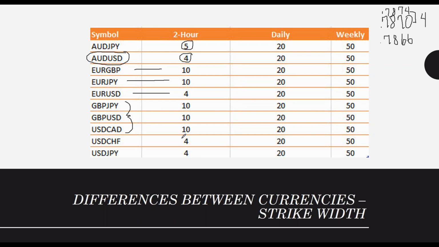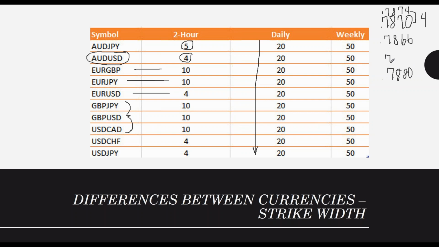Now let's say that we're looking at the daily. You can see all of the dailies across the board are 20 pips. So let's go back and look at a strike price at 78.80, okay? Where would your next strike be?